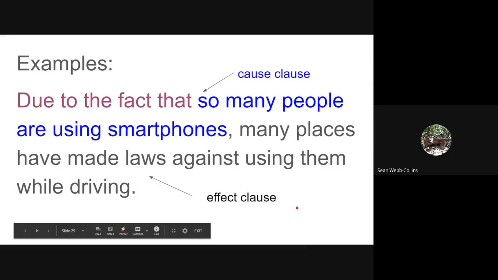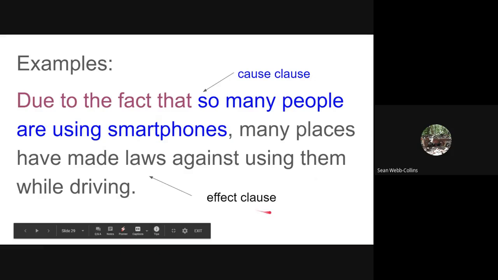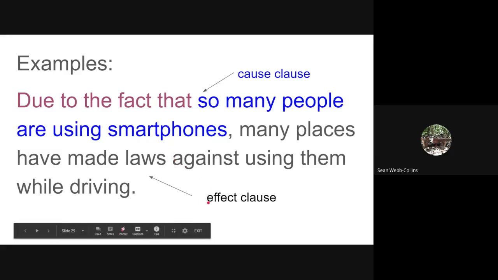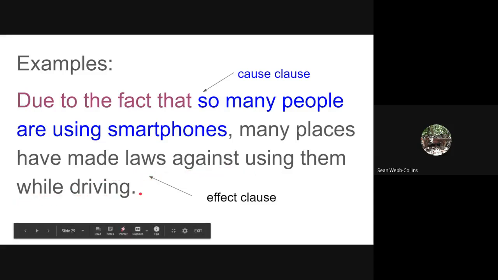Example: due to the fact that, again, this would be the cause clause, so many people are using smartphones. Many places have made laws against using them while driving is the effect. So many people using smartphones results in the effect of countries making laws against using them while driving.